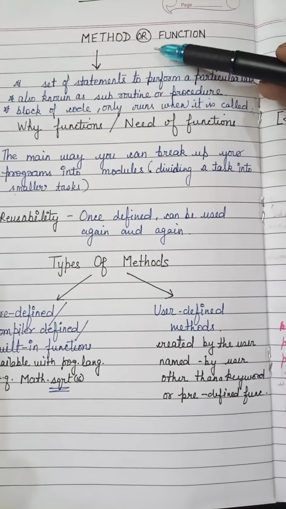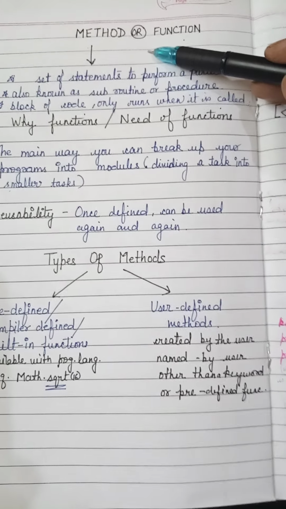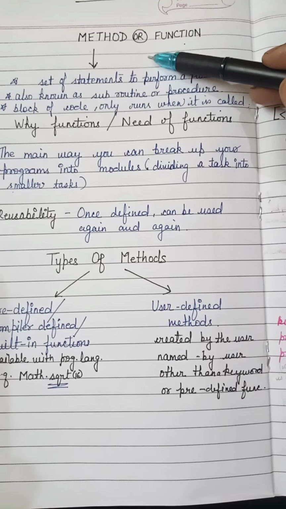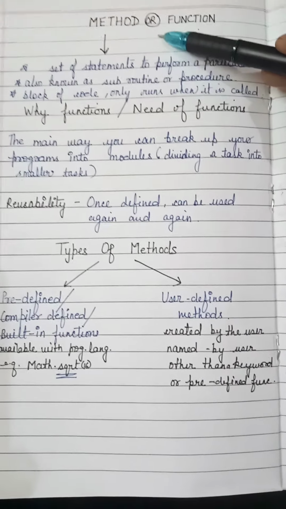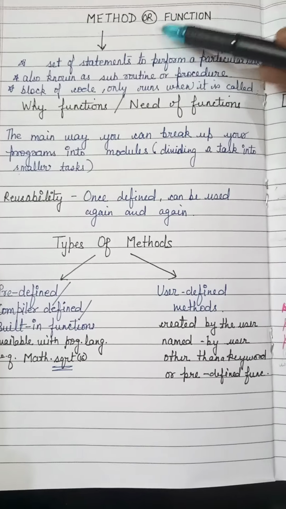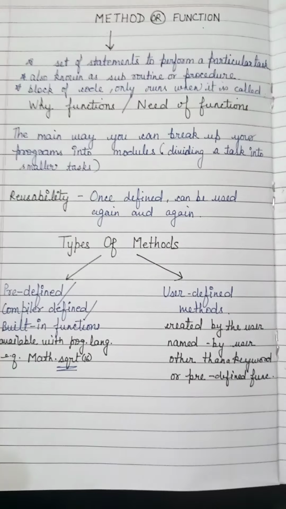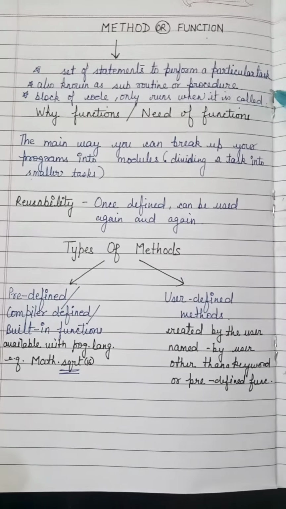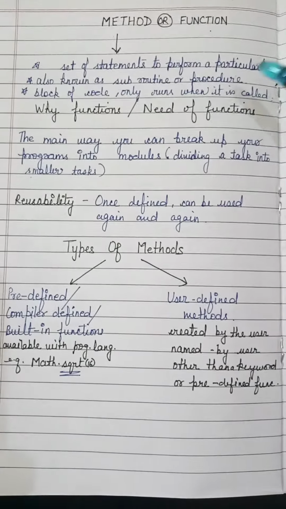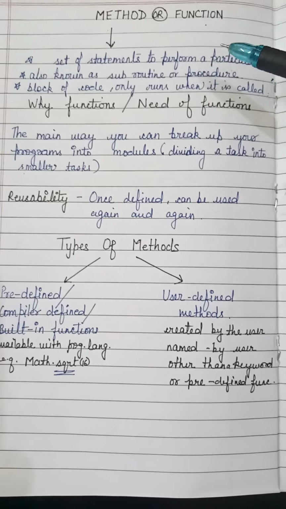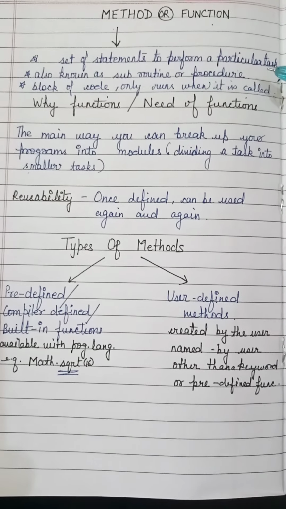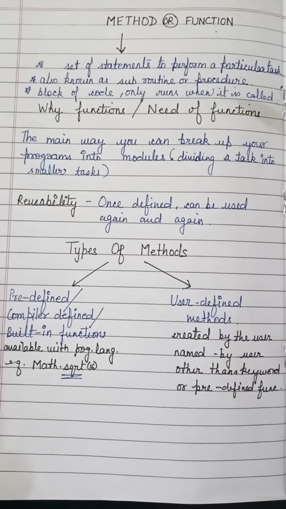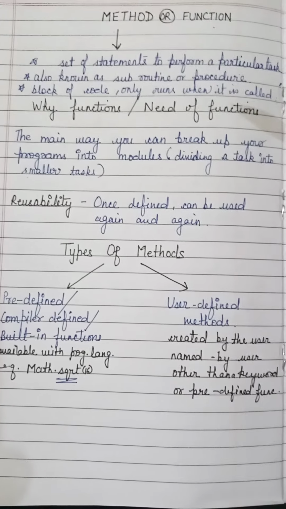The body of the method will have a set of executable statements to perform that task. This is also known as a subroutine, procedure, or block of code. It's a block of code that only runs when it is called.